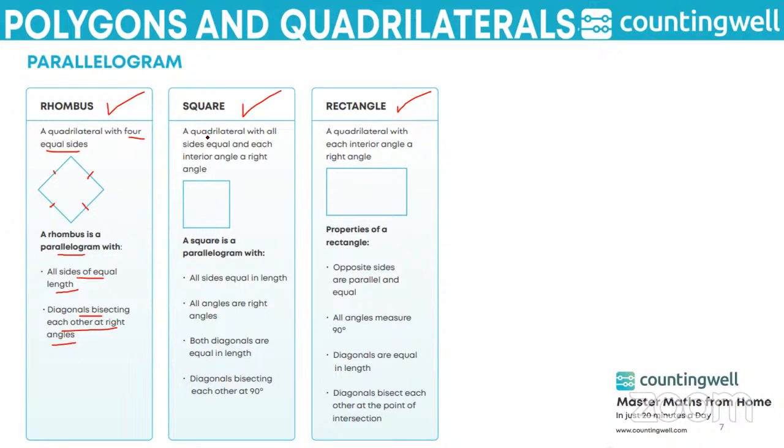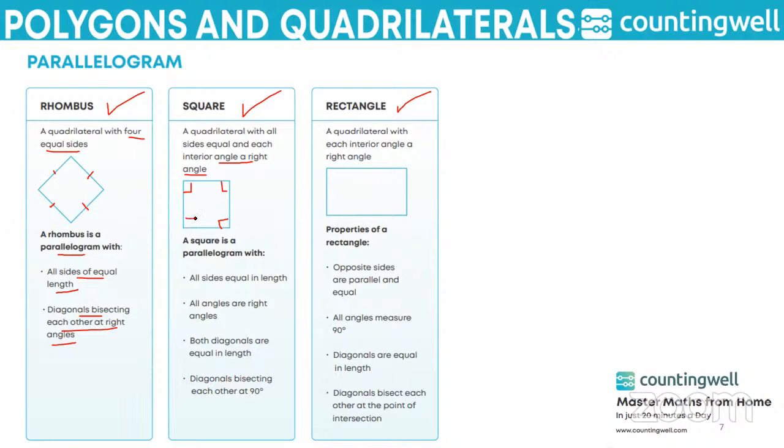Let us see what is a square. A square is a quadrilateral with all sides equal and each interior angle is a right angle. So the compulsion in square is that each interior angle should be of measure 90 degree.